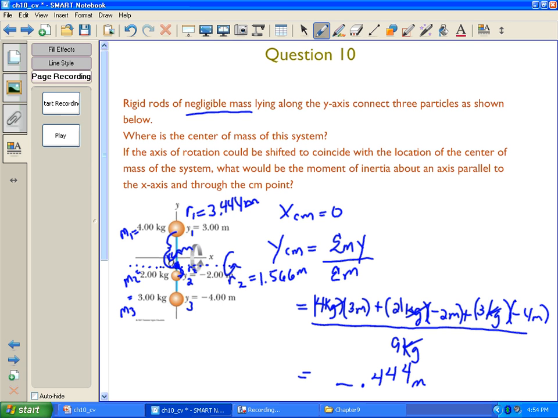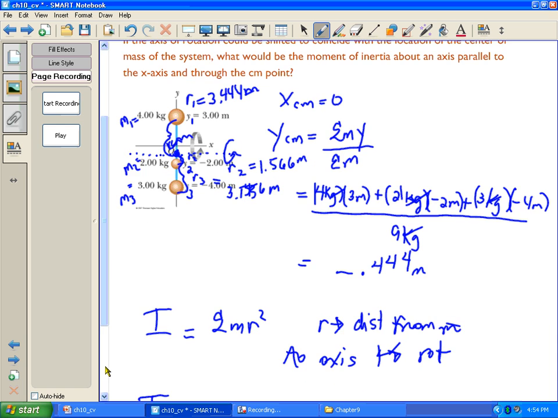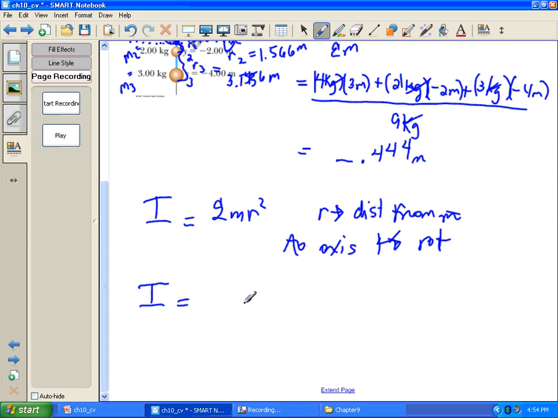R3 is this distance right here, which is 4 minus 0.444, and that gives us 3.556. So you see R is really a different quantity. It's not the location, but a distance.